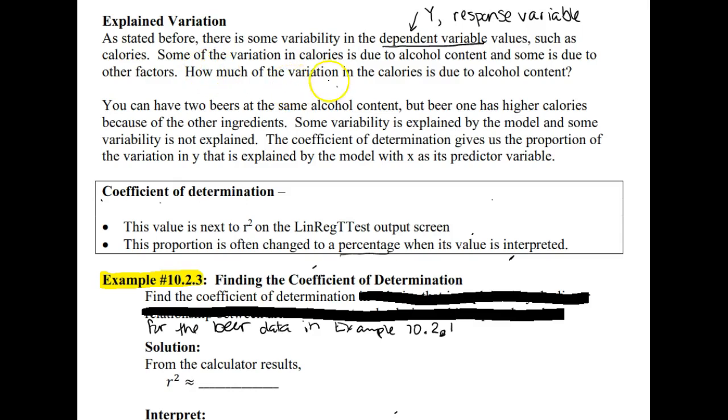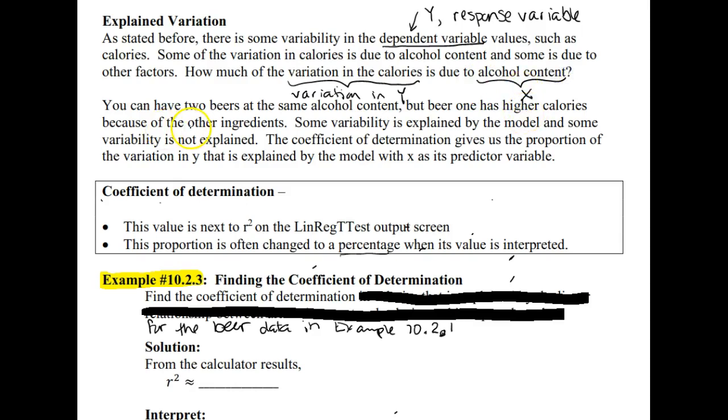Some of the variation in calories is due to alcohol content, and some is due to other factors, such as other ingredients in the beer. So how much of the variation in calories, so we're looking at the variation in y, is due to or can be explained by the alcohol content, which for us is our random variable x?